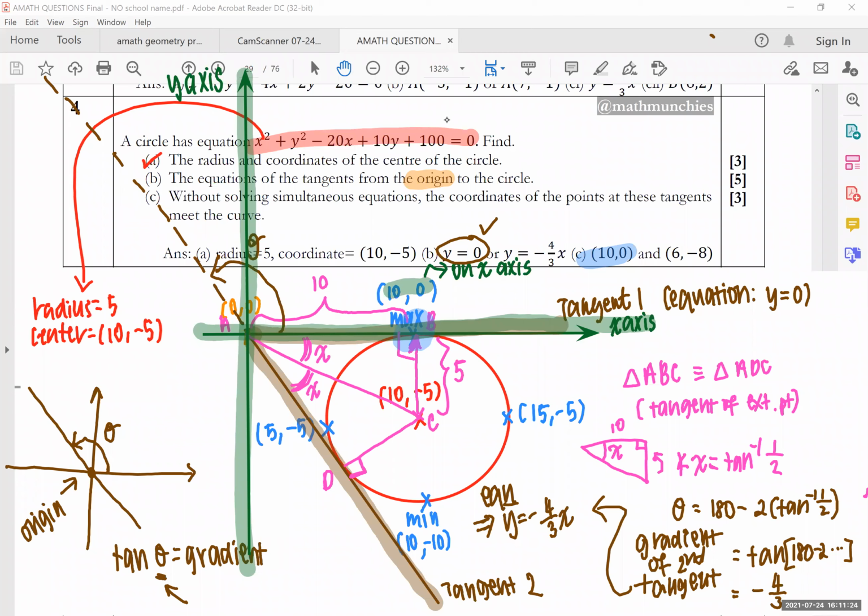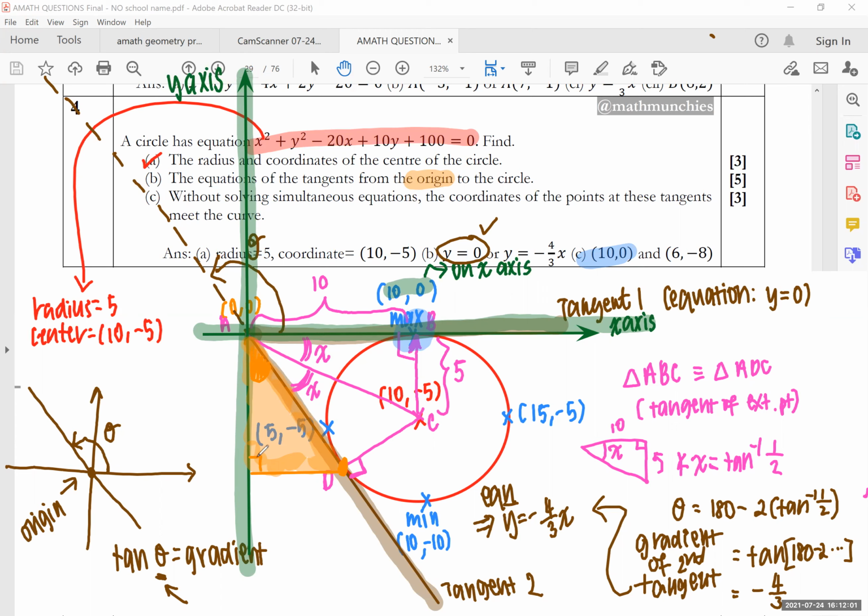Guys, can you see over here? Because D is here, right? I already have x and x here. Do you think you can find out what this angle is? Yes or no? Yes.